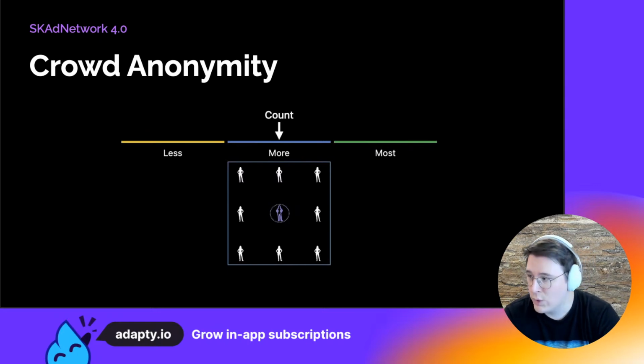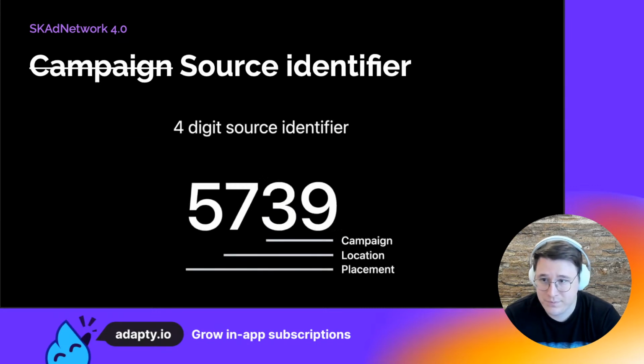Because if you have like 5 installs, it will be pretty easy to identify who installed it, like your friend, your mom, and so on. So yeah, crowd anonymity is a new term, and it's a new way for Apple to give you more data while still remaining private and secure.